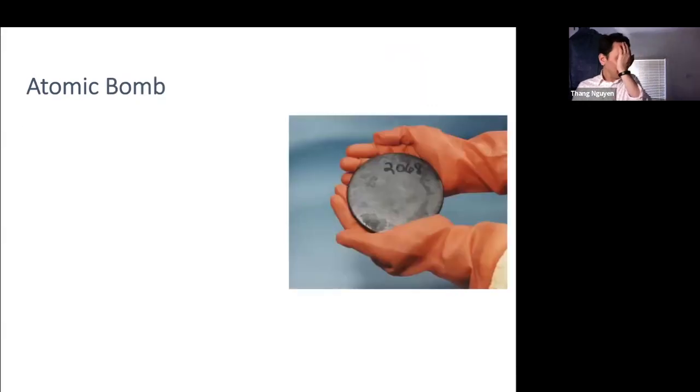Okay, and then we're going to end this lecture today talking about one particular isotope of quite important interest, and we'll talk about this even further when we cover nuclear chemistry in a later unit. So let's talk about the atomic bomb, and the element of interest here is uranium.